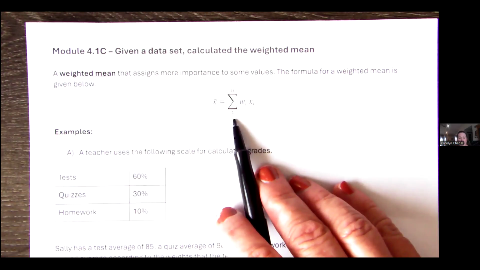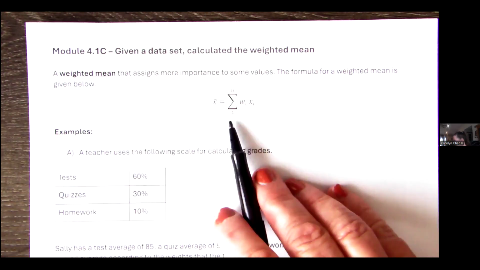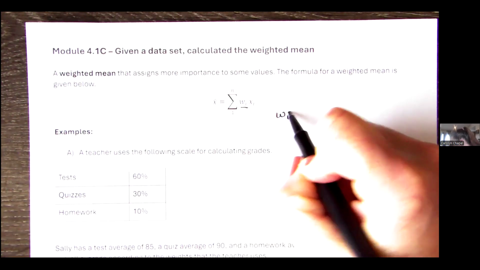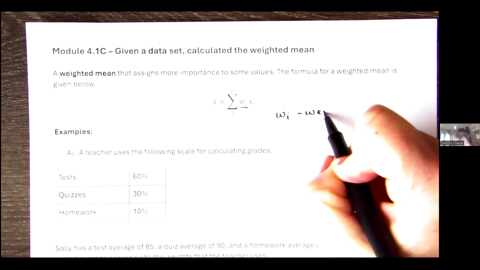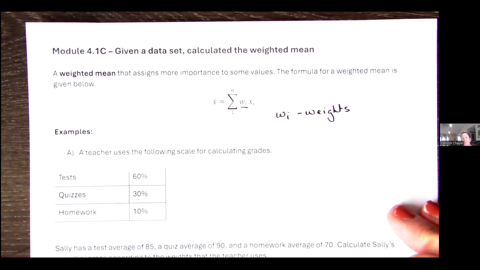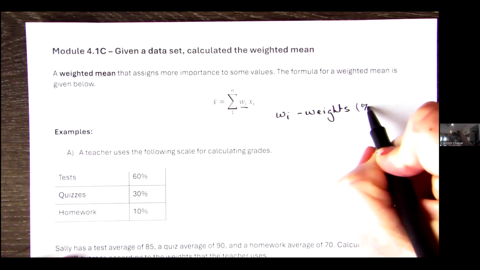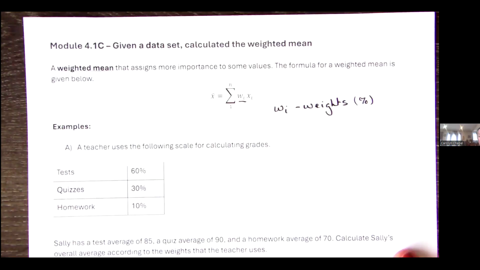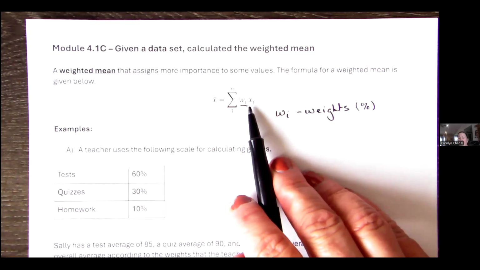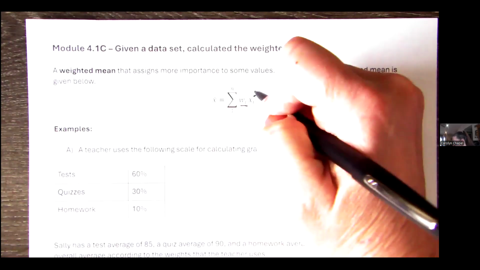We're going to be adding up our data. These W's are the weights, and in the problems that we'll be seeing, they're going to represent percentages, so those will add up to 1. Also, we're going to take those weights and multiply them by the values. So these are the values.